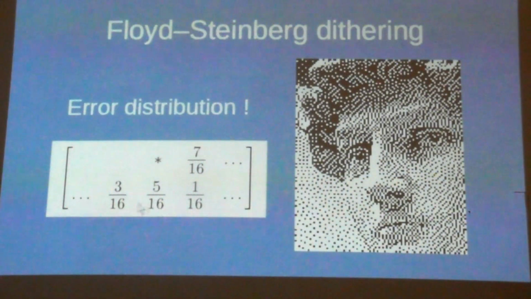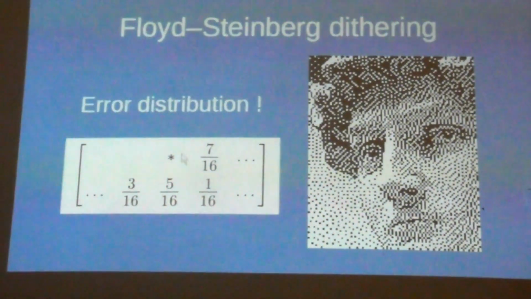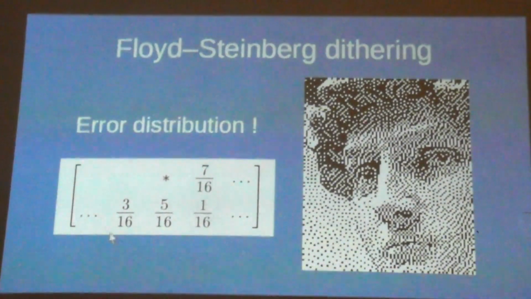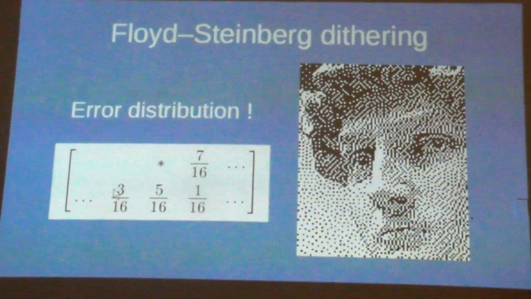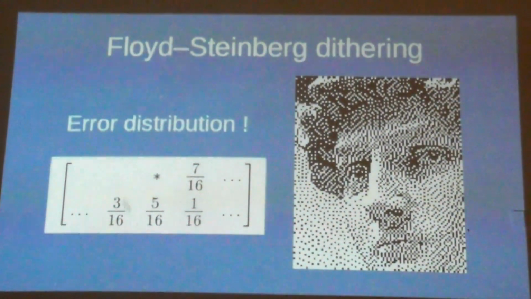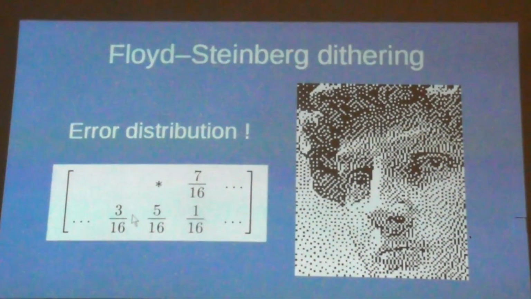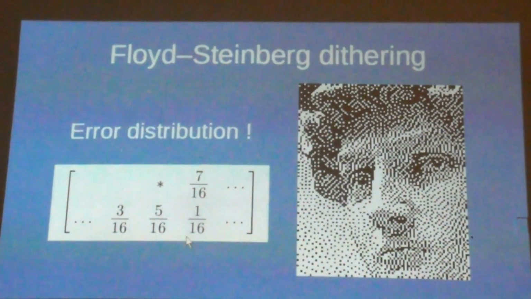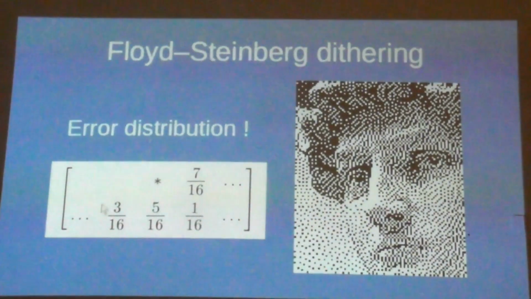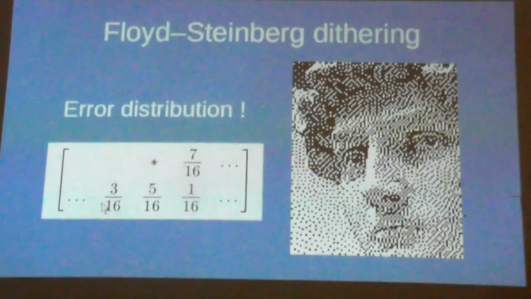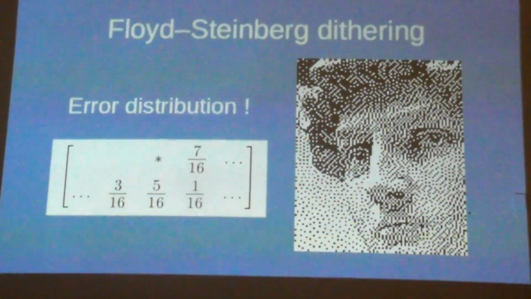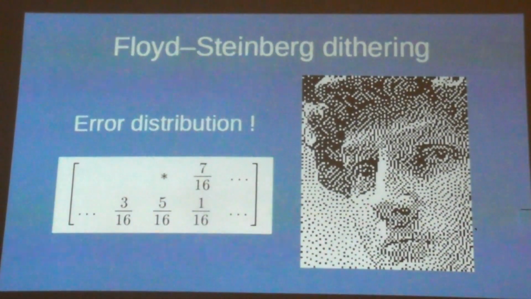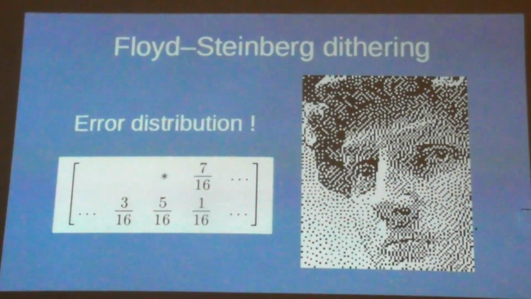The original Floyd-Steinberg algorithm uses 3 pixels. This is the pixel which is computed at the moment, and it uses 3 pixels from before and 1 from below or from the top, depending on which side you are encoding the image from, and 1 pixel from the right. So it only uses 4 neighboring pixels and creates the new pixel.